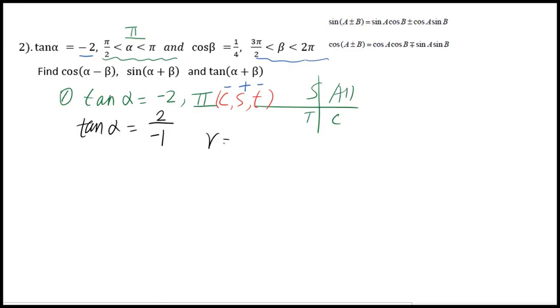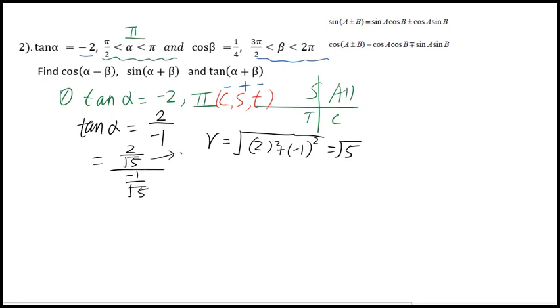Then you need to figure out this r, that is 2 squared plus -1 squared. You will get square root of 5. So you will get 2 over square root of 5, -1 over square root of 5. This will be your sine alpha. This is cosine alpha.